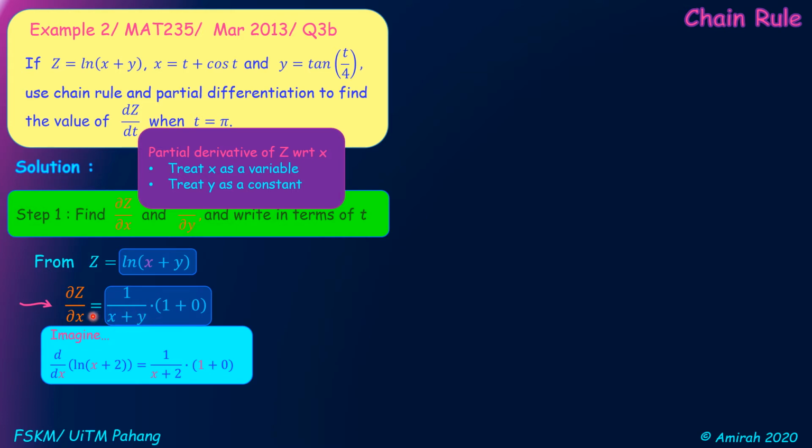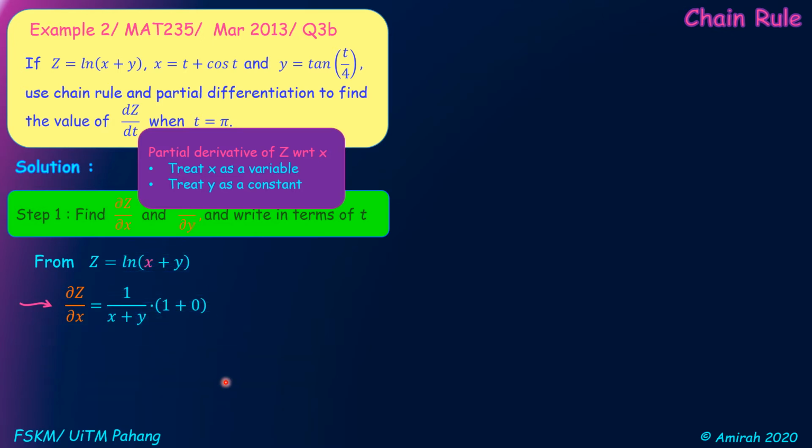So ∂z/∂x equals 1 over (x + y) times (1 + 0). After that, we simplify, so we get 1 over (x + y).